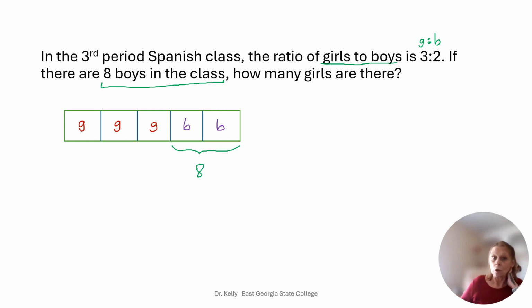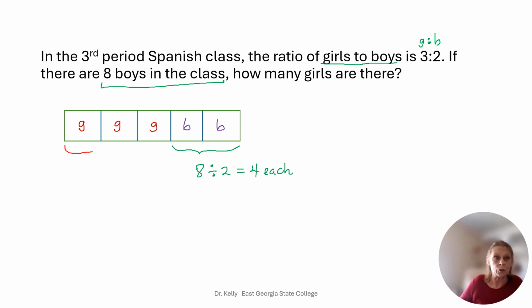Well, there are 2 units here. So if we divide that 8 by 2, then it's 4 each. So basically each block here stands for 4 students. So how many girls are there? Well, we could do this problem a couple of different ways.